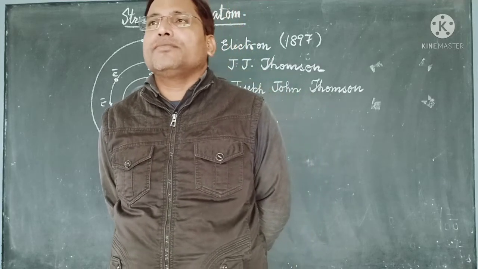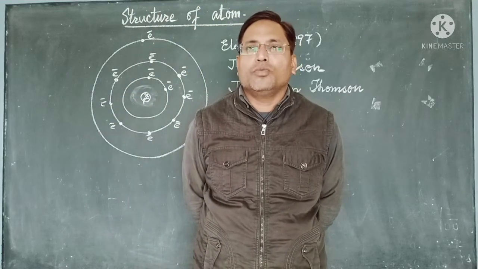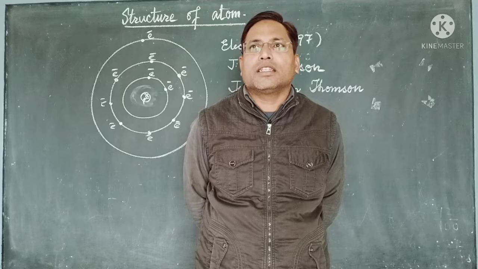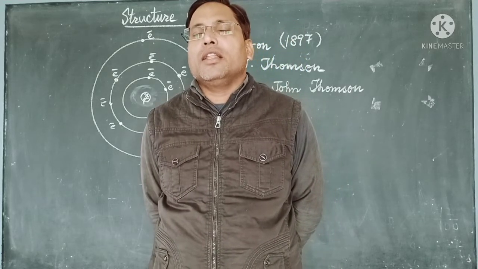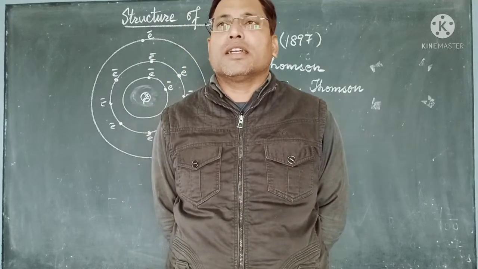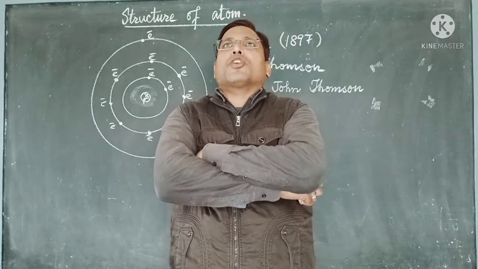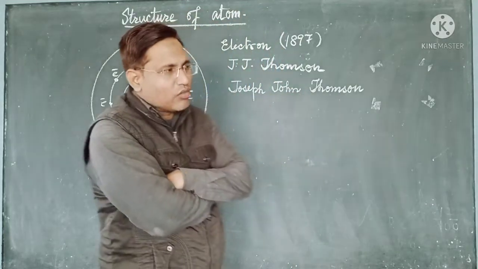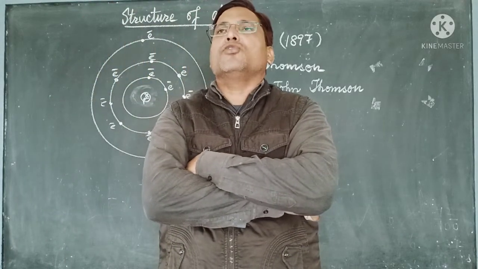What he had done, he had taken a discharge tube and connected it to a high voltage. In the discharge tube he had taken a certain gas, or we can say any gas, because the production of electrons does not depend on the type of gas taken in the discharge tube.